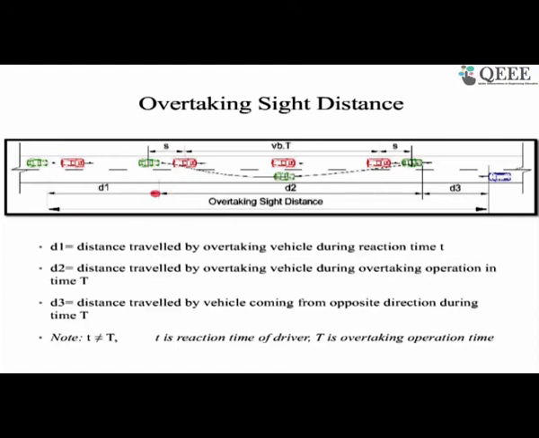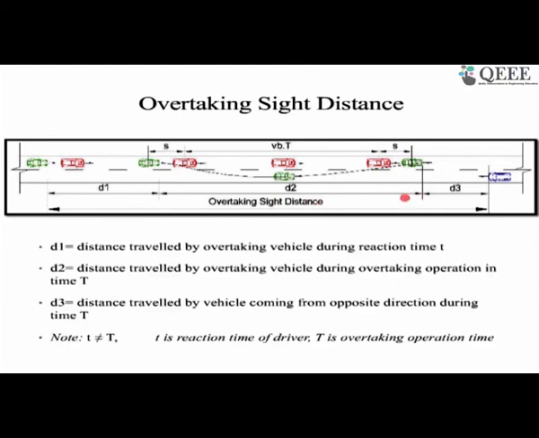So this is what the distance D1 says, the distance traveled by the overtaking vehicle following the red vehicle during that reaction time. Once it decides to overtake, it accelerates, goes past, and again maintains the minimum safe distance and comes back. This is the distance traveled by the overtaking vehicle during the overtaking operation. So D2 is that distance.